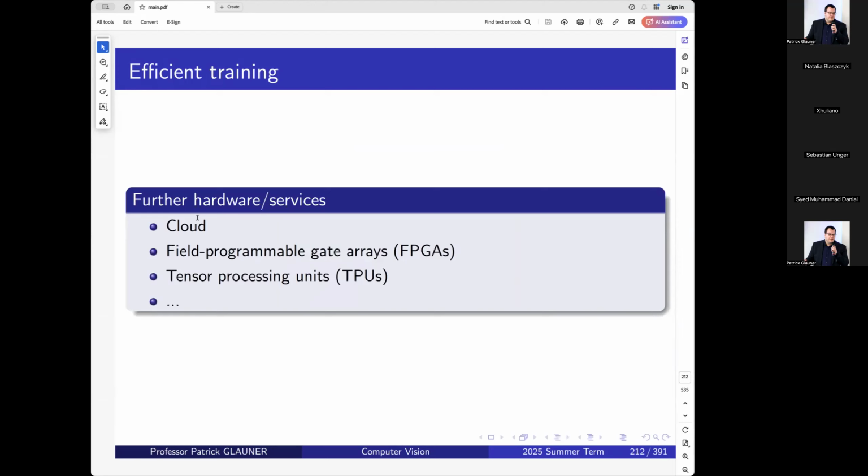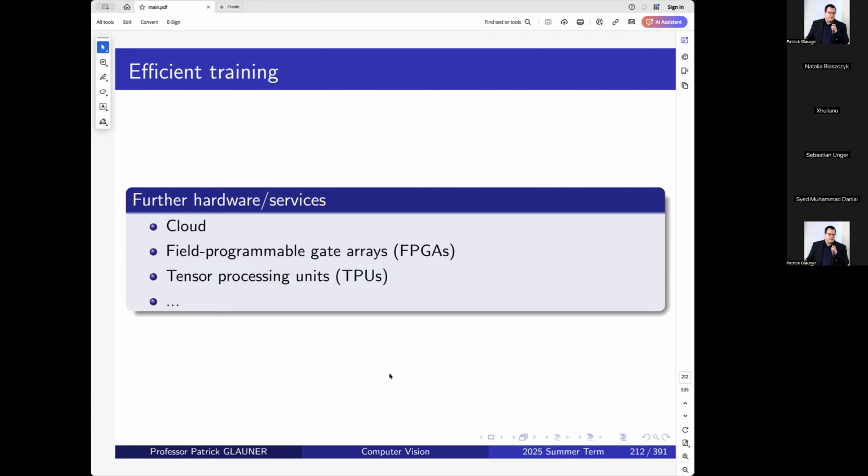You can use also clouds, you can use tensor processing units. Tensor processing units are even more specialized than GPUs specifically for tensors. What is a tensor? Both a vector and a matrix are tensors, but tensors are more dimensions then. So with the vector, we have one dimension. With a matrix, we have two dimensions. We can have three dimensions, whatever. And it turns out some of these operations in a neural network can be expressed in higher level tensor operations.